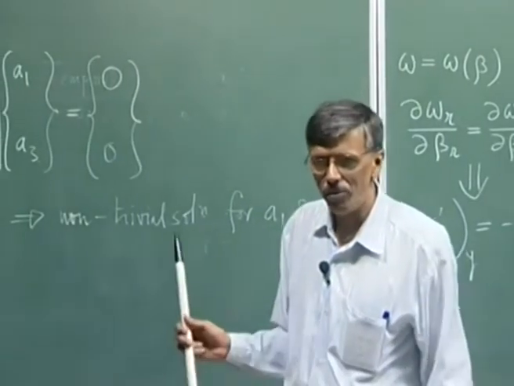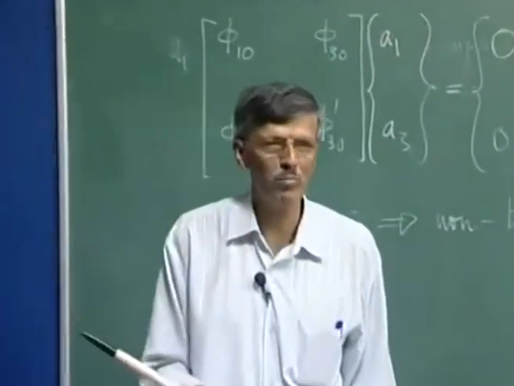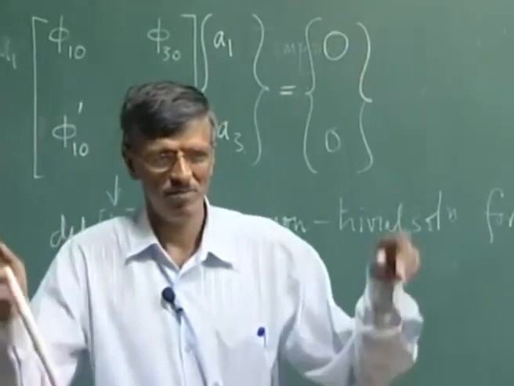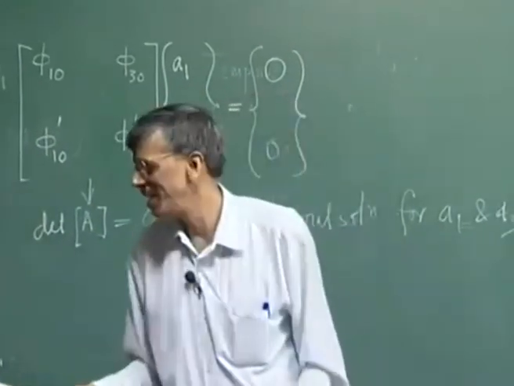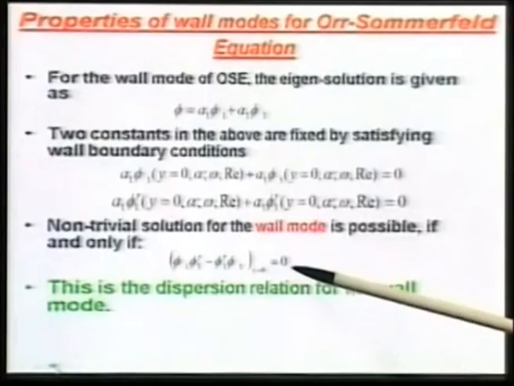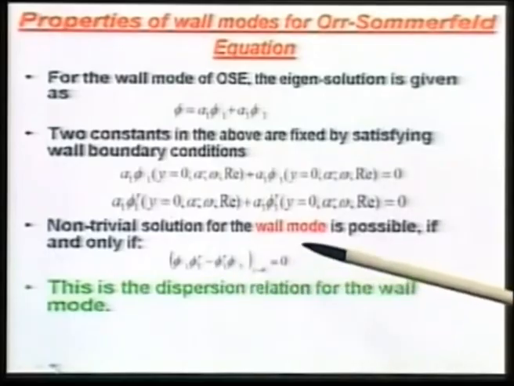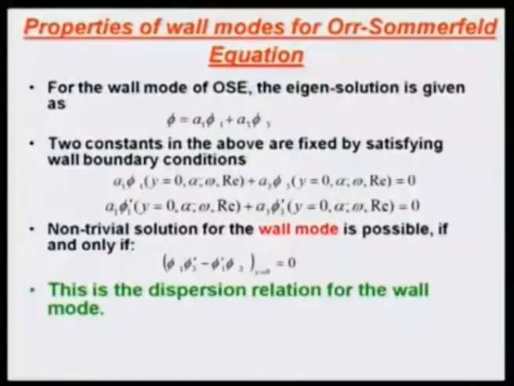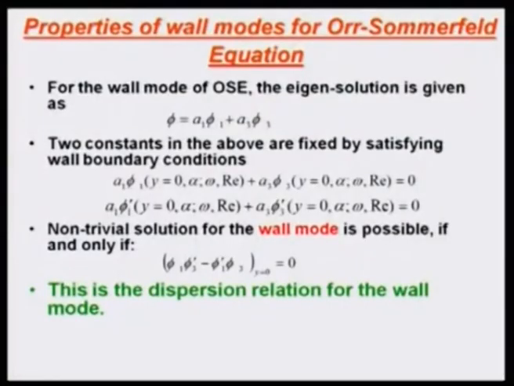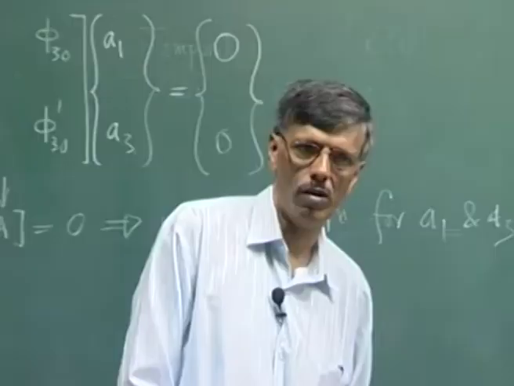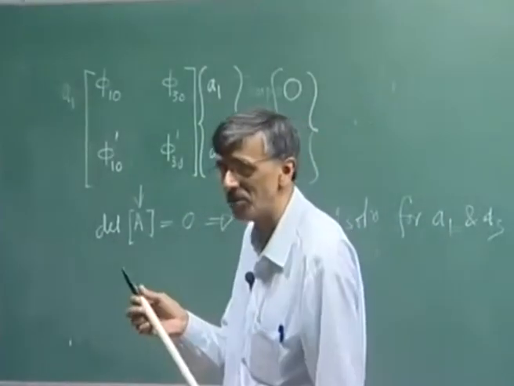I think now we realize clearly what we meant by stability theory. The fundamental solutions should be such that this combination would be equal to 0 at y equal to 0, and this will not be true for any arbitrary choice of alpha, omega and Re. This will only happen for a specific choice.